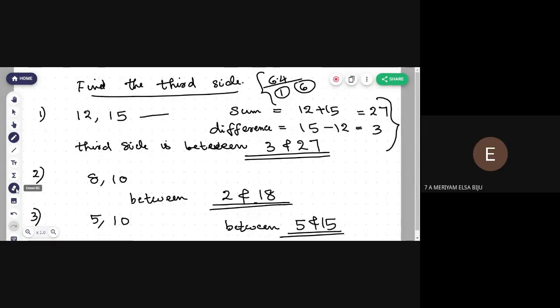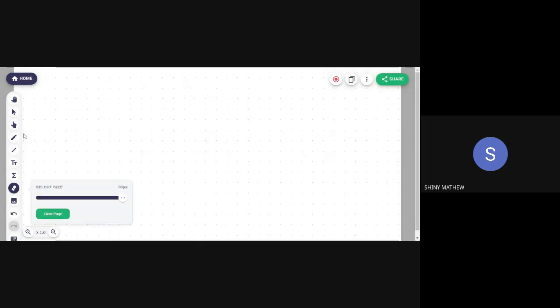Yes, miss. Okay. Now we can move to the next property, that is the last property of triangle from this year. Okay, now we have properties. Now one property you need to study is a very important property, Pythagoras property. So you can take page number 127 in your textbook.